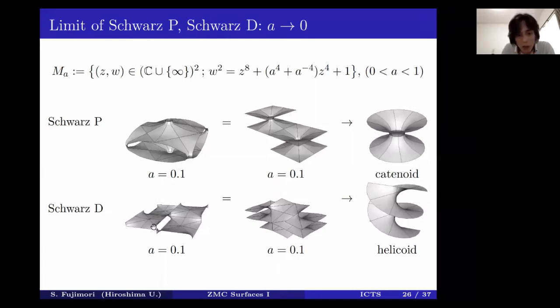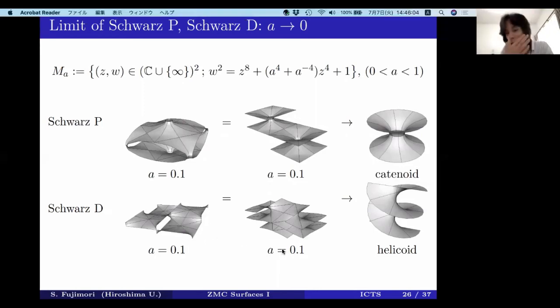Also, the Schwarz D surface, this is A equal 0.1, and we again cut this and move to here, or cut this, move here, or something like that, then we get this surface. So these are the same surface, but a different view.